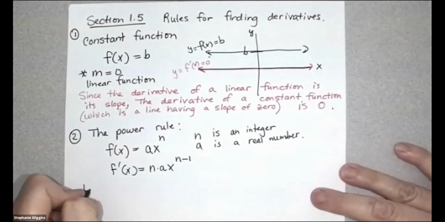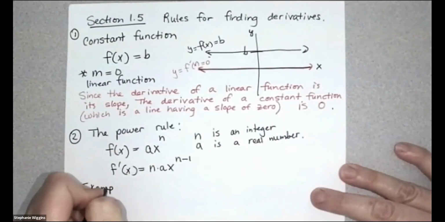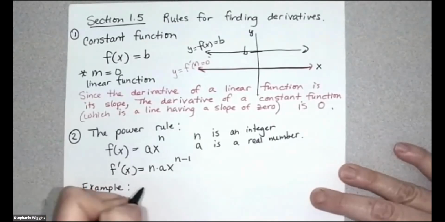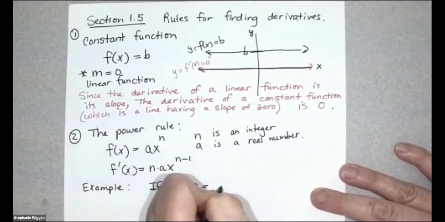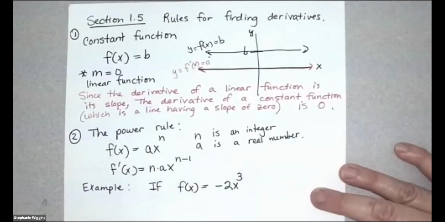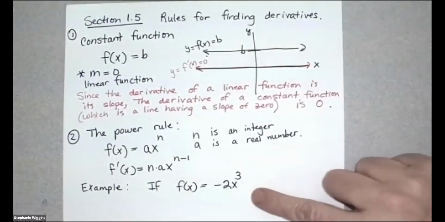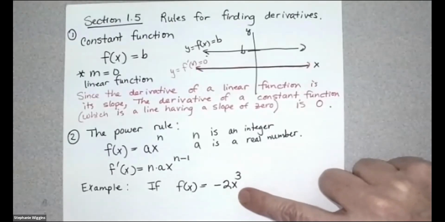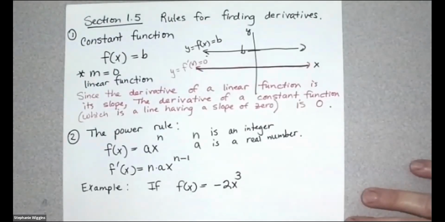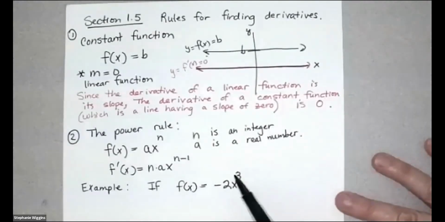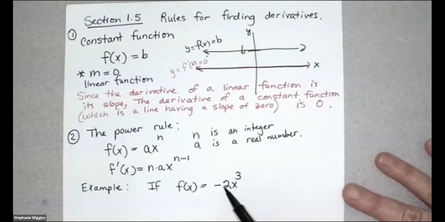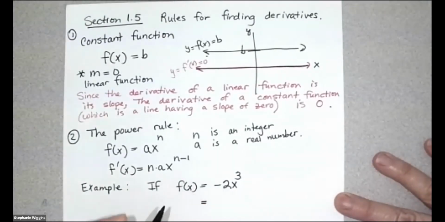So for example, if f of x equals negative 2x cubed, remember we calculated the derivative for this function in a previous example. Well, let's just apply the power rule. We take our exponent, multiply it by negative 2. 3 times negative 2 is negative 6.